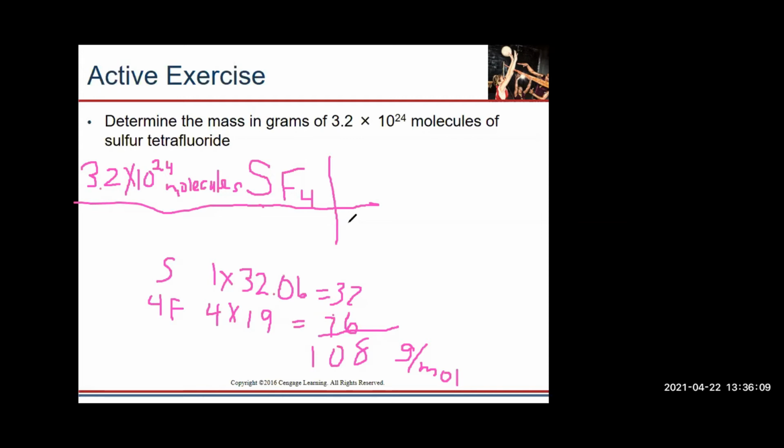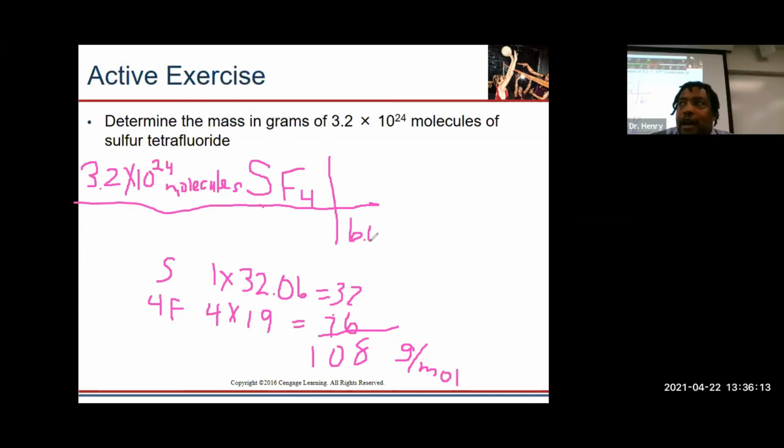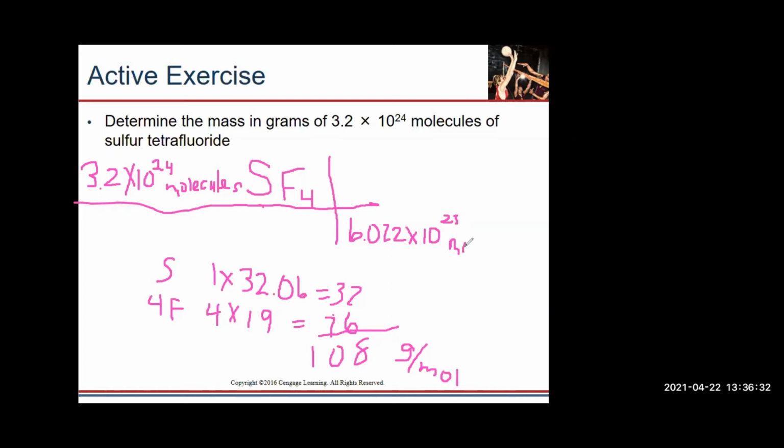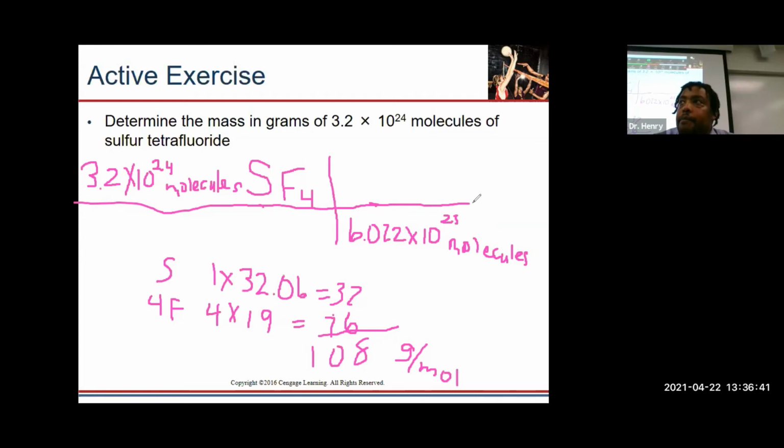Would the bottom be the 6.02 times? Okay, it's going to be Avogadro's number, 6.022 times 10 to the 23rd. And that's molecules. And what's going to be on top?